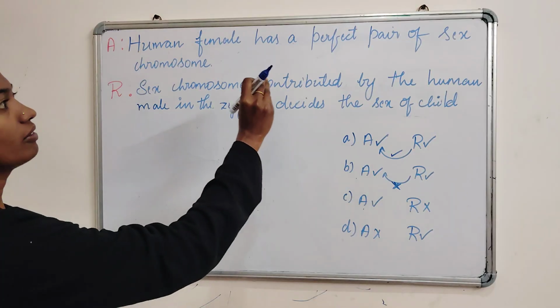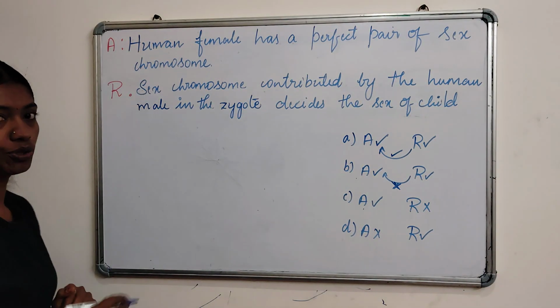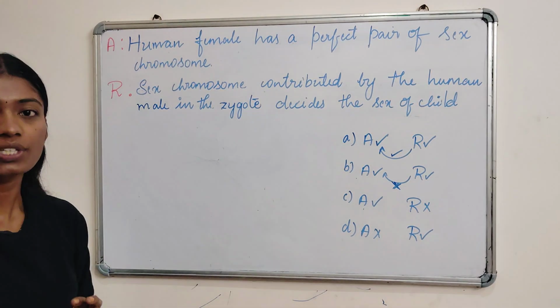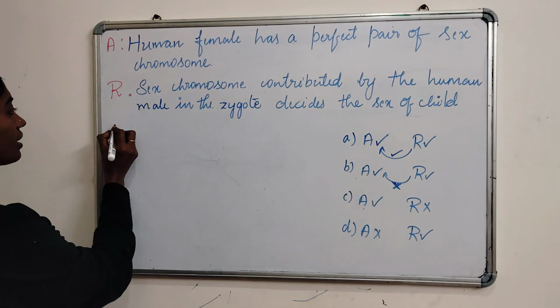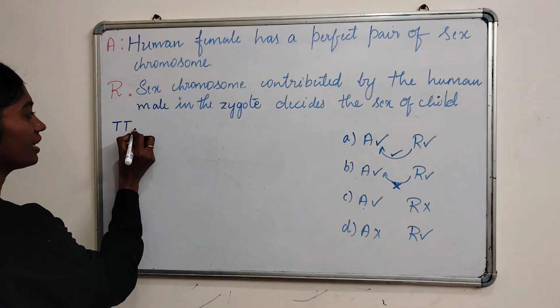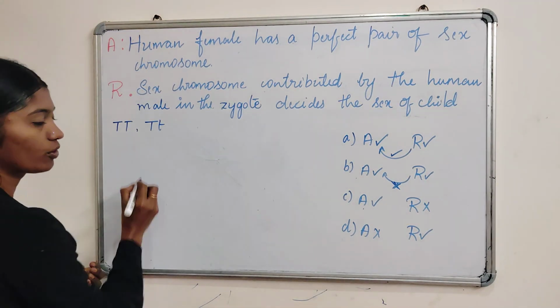Human female has a perfect pair of sex chromosomes. Every individual will be having a pair of chromosomes for each character. If it is height, we'll be having two chromosomes for the character. If it is dominant, we'll be having capital T, homozygous condition, capital T, small t, heterozygous condition.